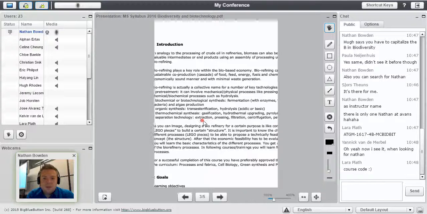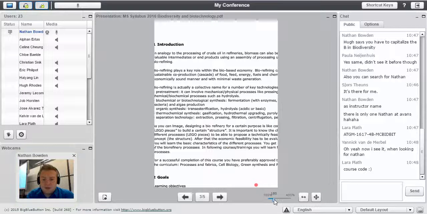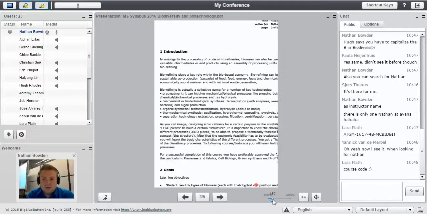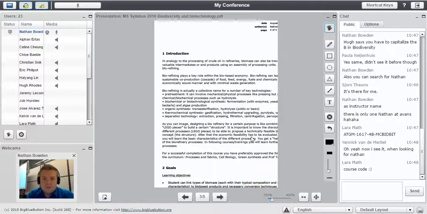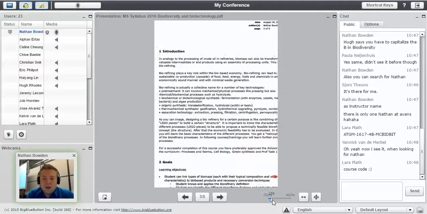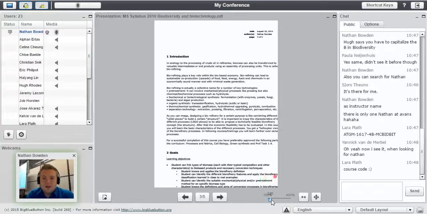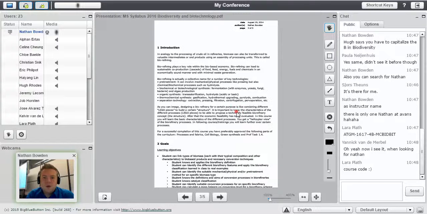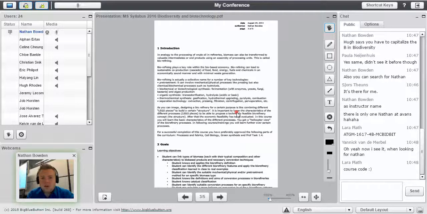Okay, introduction. So, as I mentioned yesterday in the presentation, right now we're using crude oils in refineries, but crude oil is just one source of a molecule that you can use for making fuel and for making products such as plastics, medicine, food.